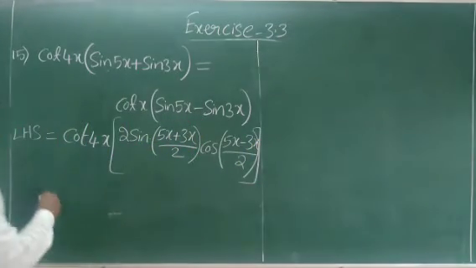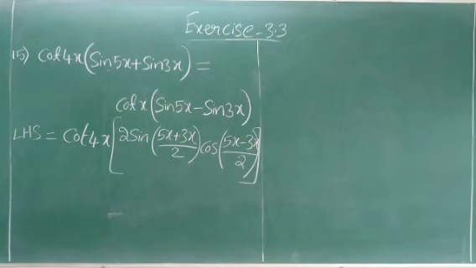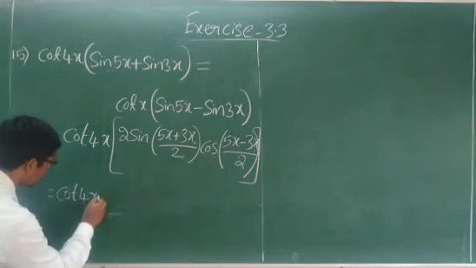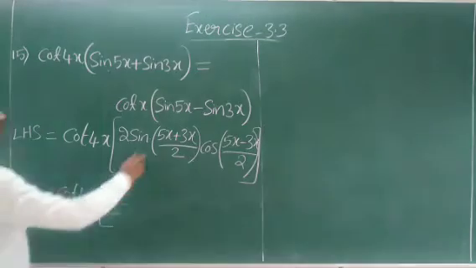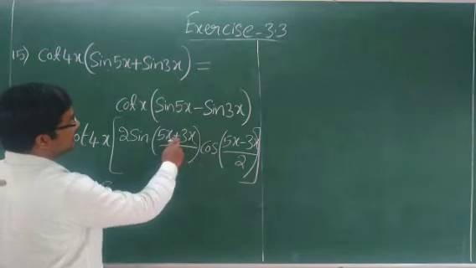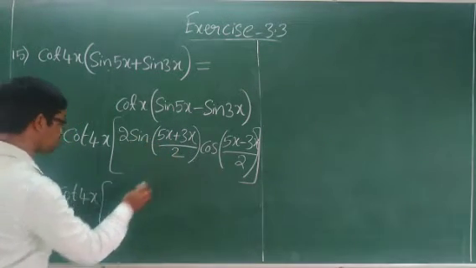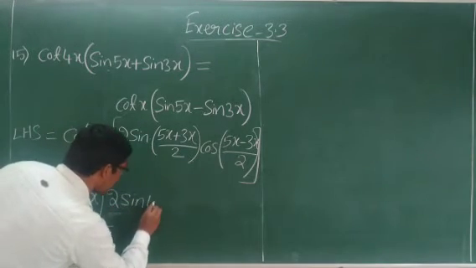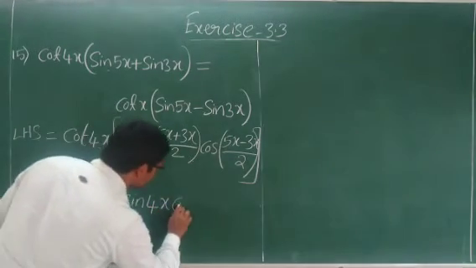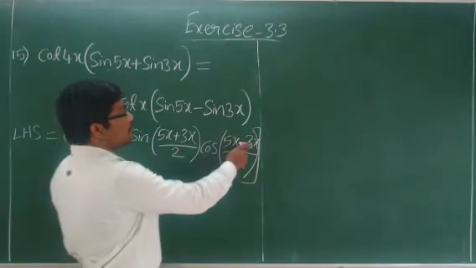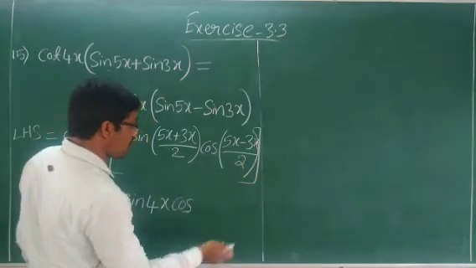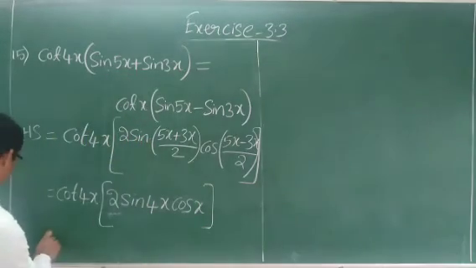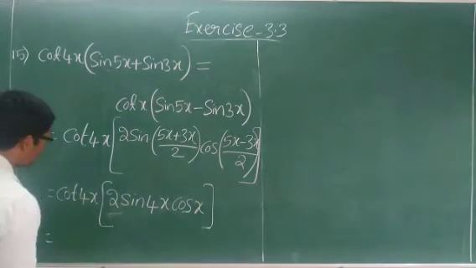So again we are using the same formula. This is equal to cot 4x into 2 sin 4x, since 5 plus 3 is 8x, 8x by 2 is 4x, into cos x, since 5 minus 3 is 2, 2 by 2 is 1x.